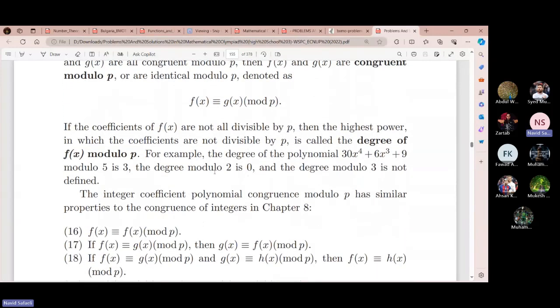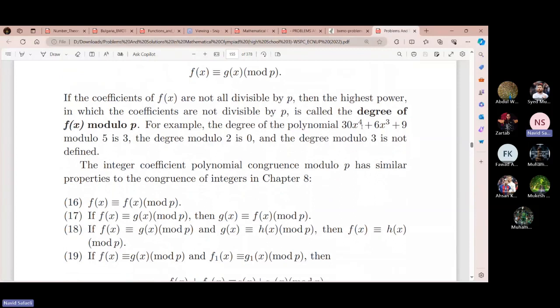If the coefficient of f is not divisible by p, then the highest power in which the coefficients are not divisible by p is called the degree. For example, consider this polynomial, mod 5, the degree is 3, because this would be 0. And mod 2, the degree is 0, because both this and this are divisible.